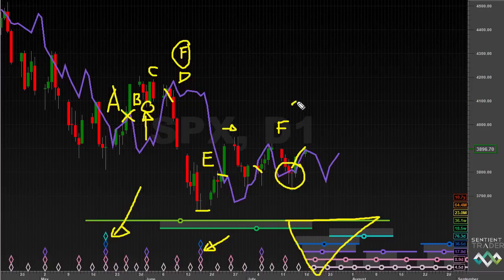So that does not look like an F category interaction, which means that although it is possible that price is now going to move down and form a lower 40-week cycle trough, at this point, I think it is much more likely that the preferred analysis that we've discussed in the last few market updates is in fact the correct one, that the 40-week cycle trough did form in the middle of June.